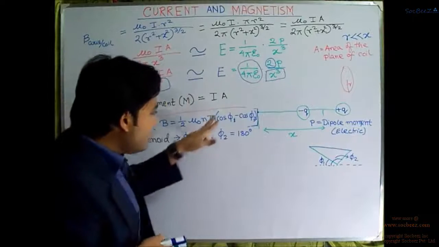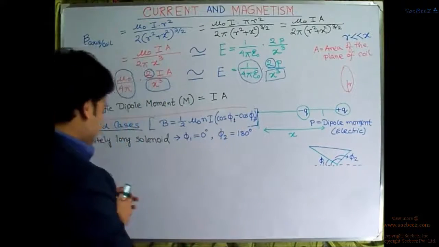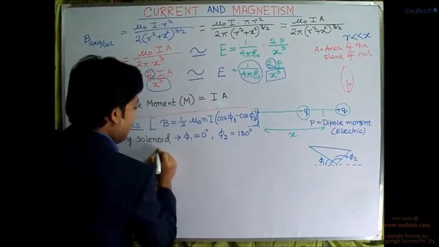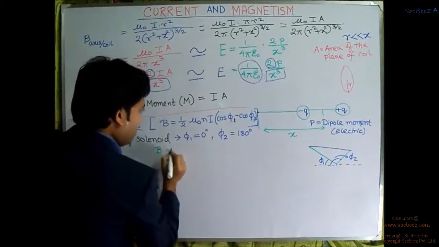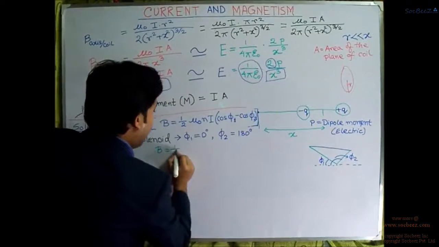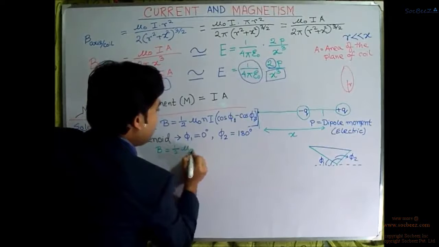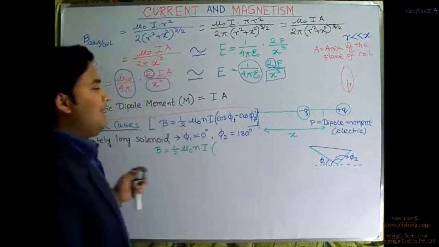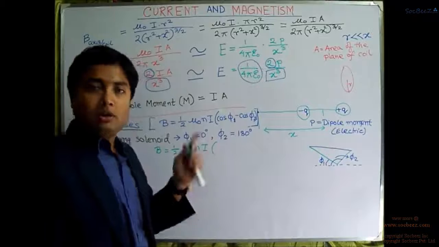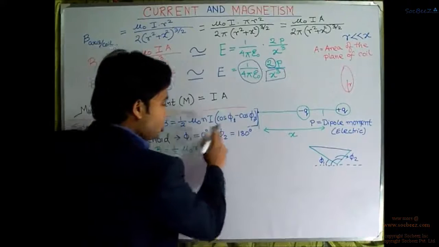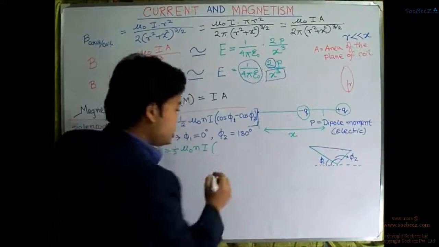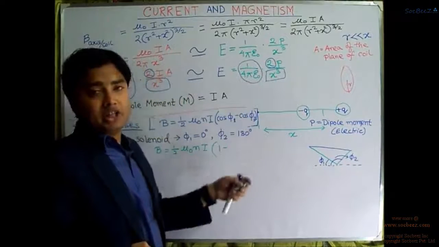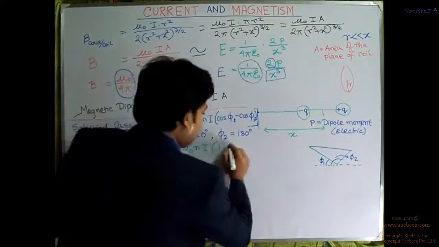Now putting these values in this equation, we shall get B equals half mu naught N multiplied by I, times cos phi 1, so cos of 0, which is equal to 1, minus cos of 180 degree, which is equal to minus 1.